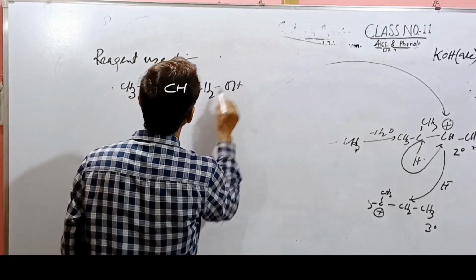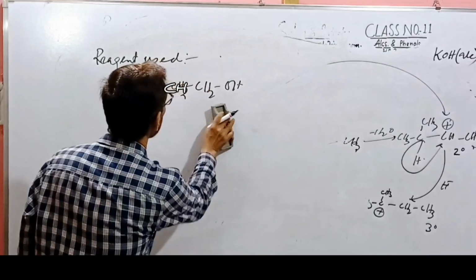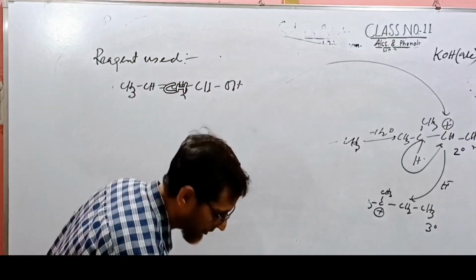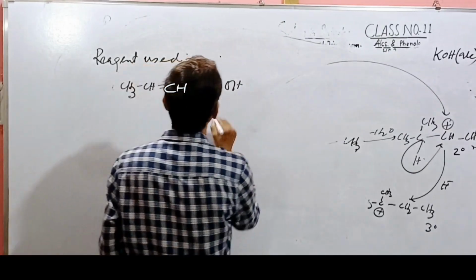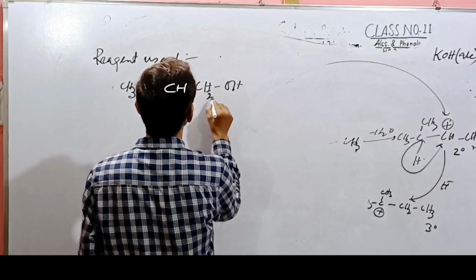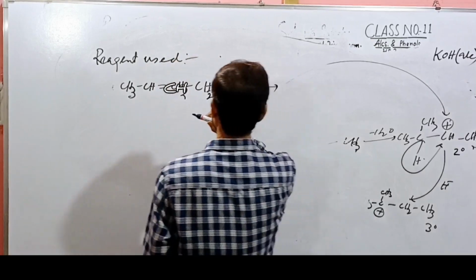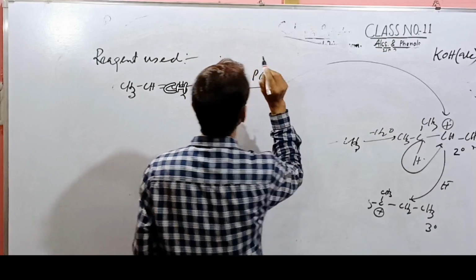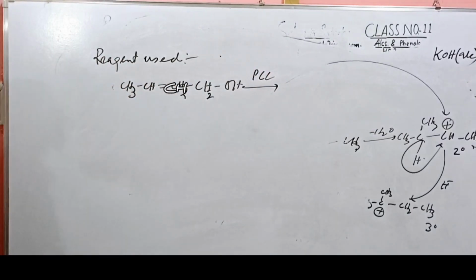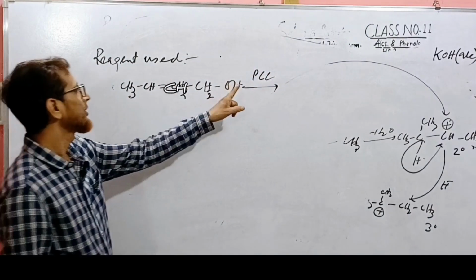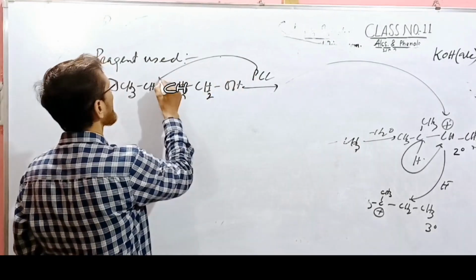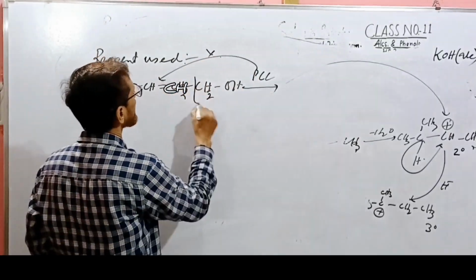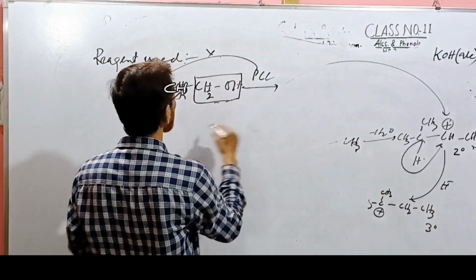If I tell you, before going to your textual question, to make it react with PCC, you know it is very selective, it will not have any effect upon this one, it will just convert the CH2OH into CHO.